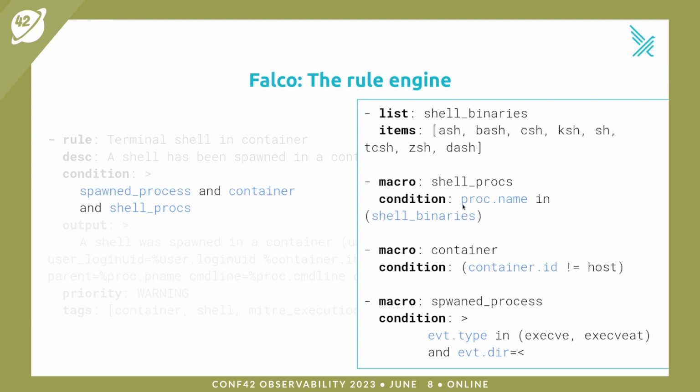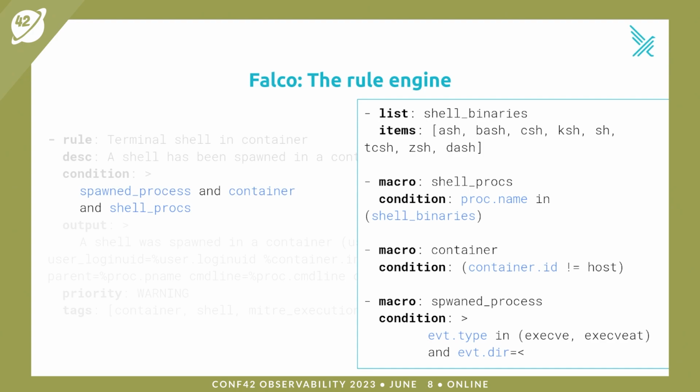We also have this macro, shell_procs, and you see proc.name. proc.name is a built-in field from Falco you can use in your rules. Even if you are not really familiar with Falco, even if you're not familiar with Linux, syscalls or stuff, it's quite easy to understand that proc.name means the name of the process. You also have proc.pid for the ID of the process, or proc.ppid for the ID of the parent of the process.